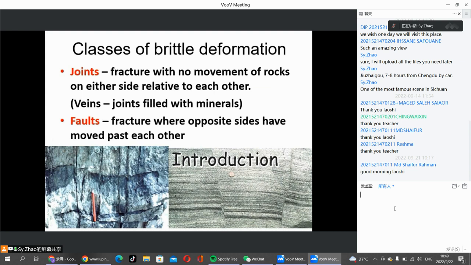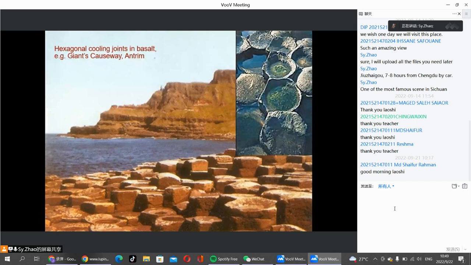So the biggest difference between them is that joints have no displacement between the two sides, and faults must produce displacement between the two sides of the structure. Such kind of joints are not formed by stress, but are formed by the flow of magma. You remember magma?